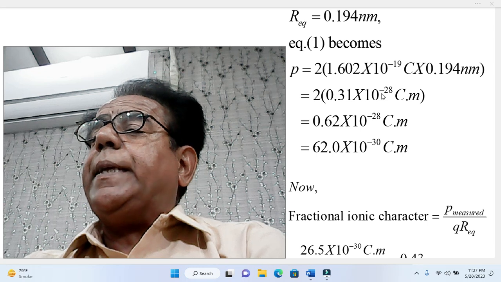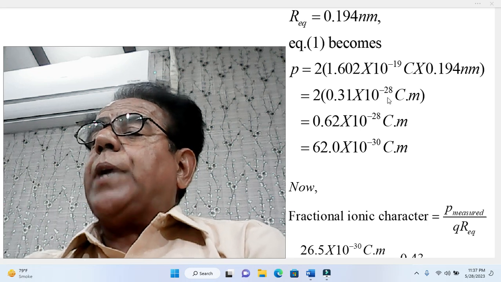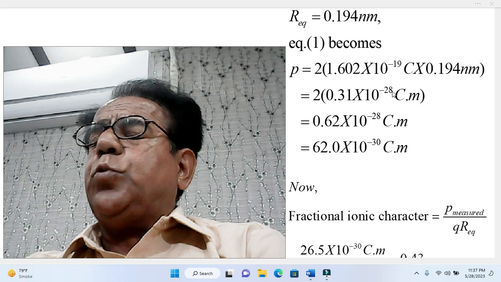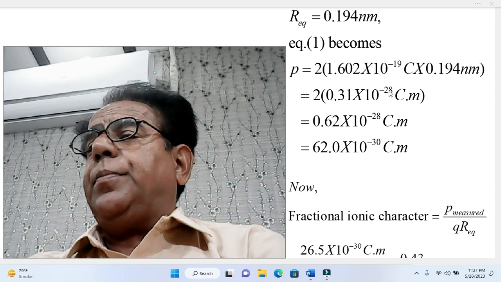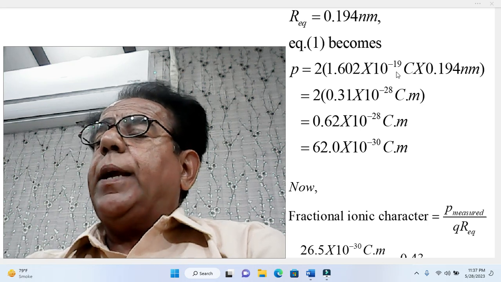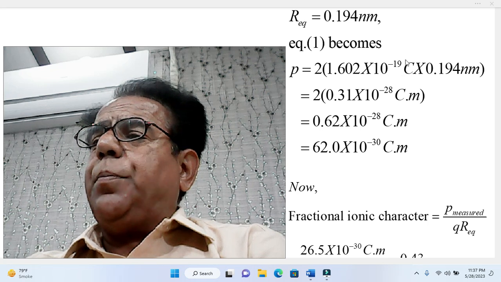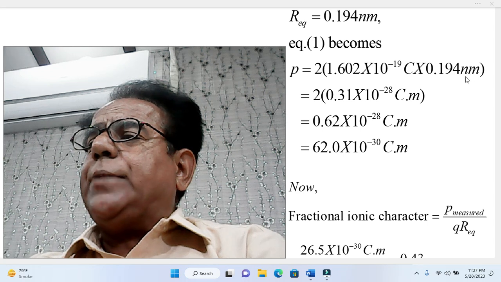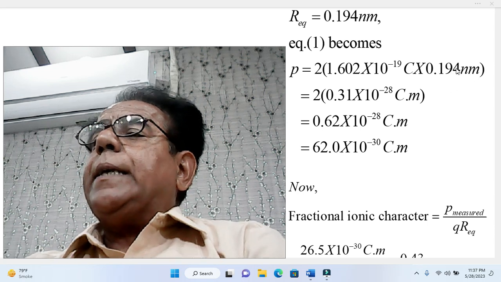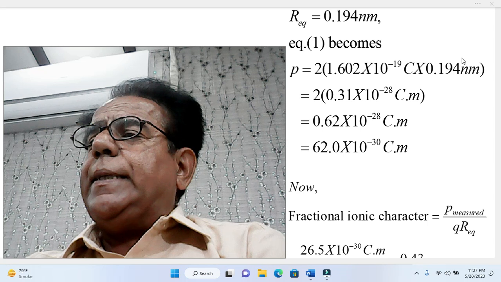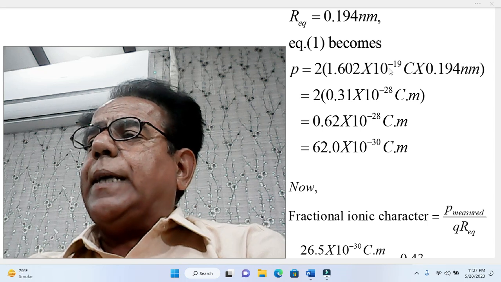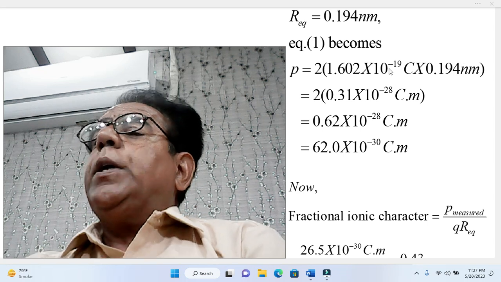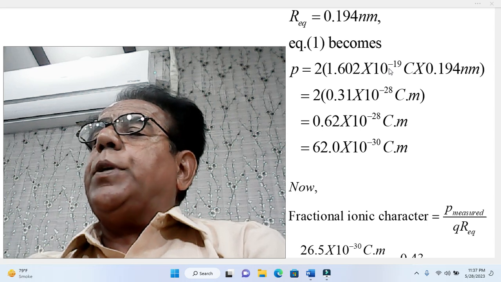minus 28 coulomb meter. From where minus 28 has come, I tell you. Dear students, this is 10 raised to the power minus 19, and nanometer, nano stands for 10 raised to the power minus 9. 10 raised to the power minus 9 into 10 raised to the power minus 19 will contribute to 10 raised to the power minus 28.